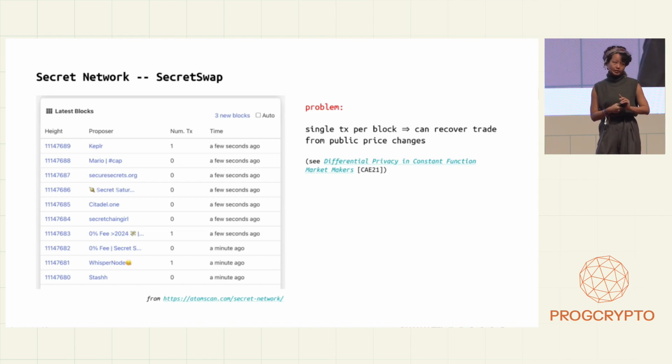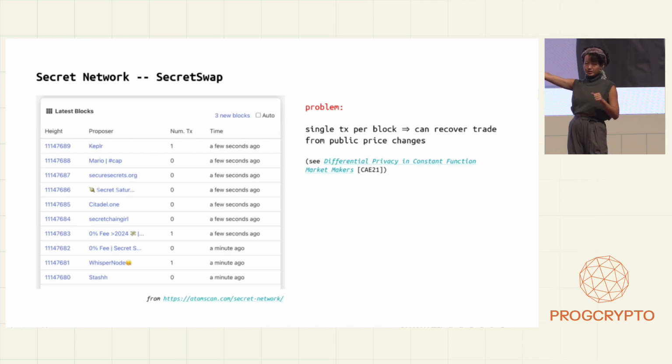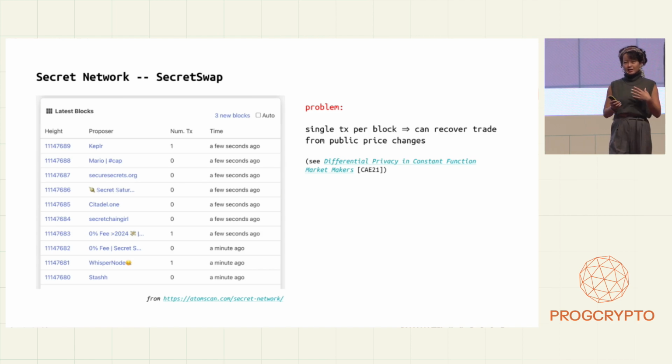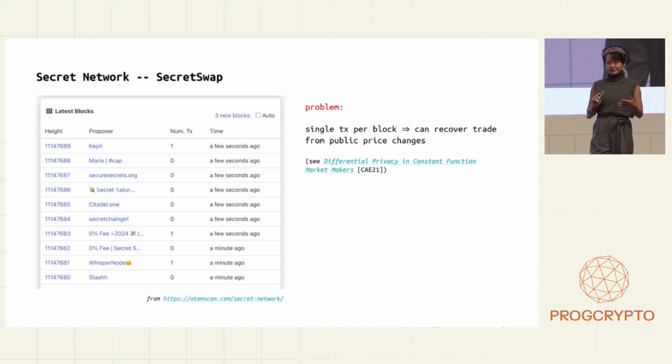Why this is worrying is because by observing the change in the public prices, it is very clear what exactly my transaction did. And because my identity is revealed, I got no privacy out of the trade. So the thing to note here is that trade privacy in an AMM comes from the size of your batch. If there were other transactions in my block, then I could have some plausible deniability, and I could say, oh, that wasn't my trade, that was this other transaction.